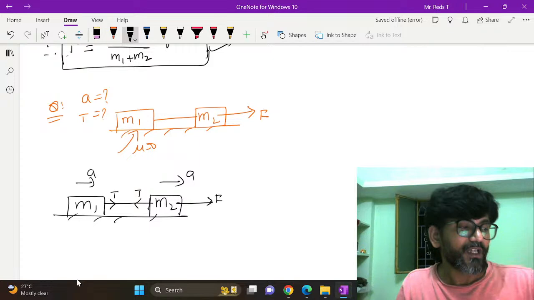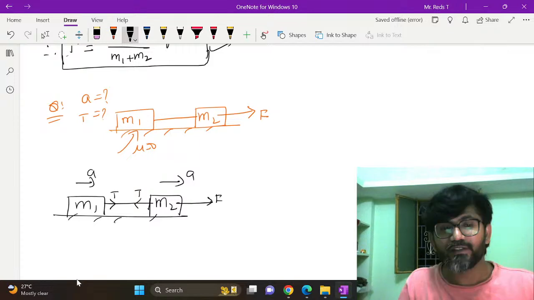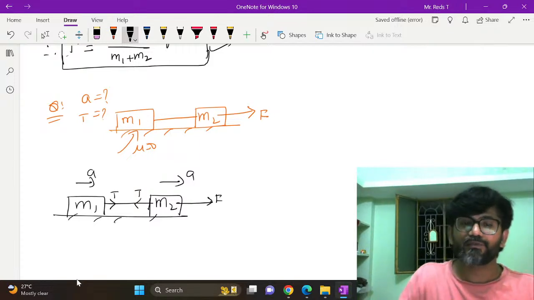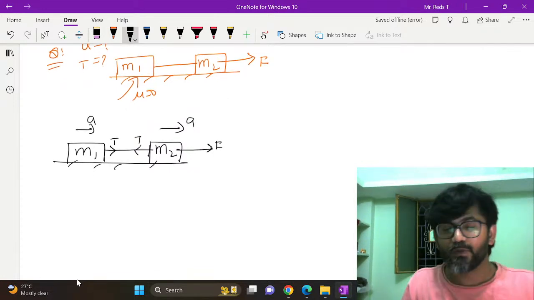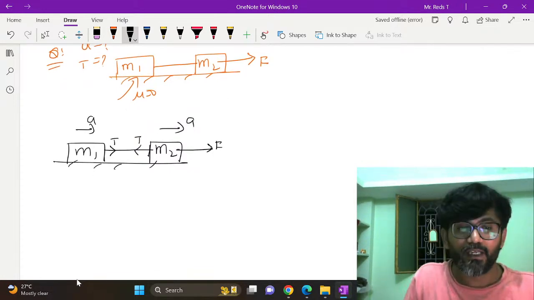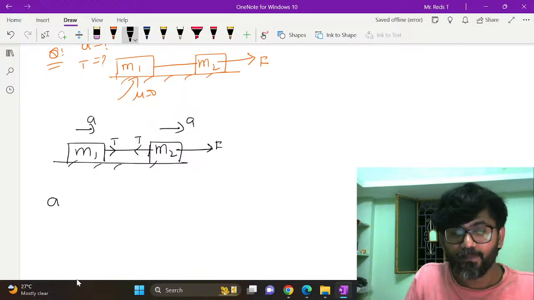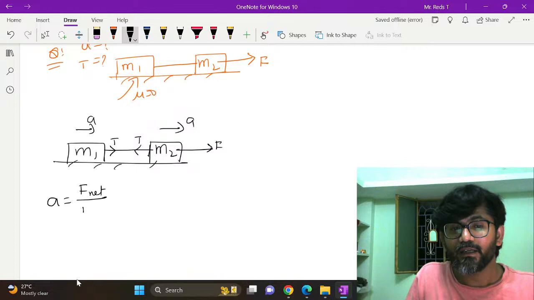Now as it is moving to the right with an acceleration, what is T you have to find. Now by using the same logic, the shortcut form, acceleration A is equal to net force by total mass. So net force, here you can take m1g and m2g downwards, but normal reactions will act upwards.